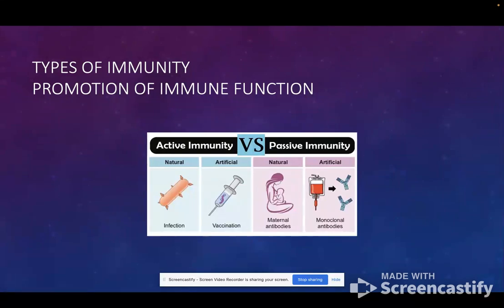But your passive, you're getting it from somewhere else. So mom giving antibodies to baby, she's passing them on. The baby's getting the antibodies from somewhere else. Artificial, you can also get monoclonal antibodies. And so the antibodies are given, they're being passed on from somewhere else.